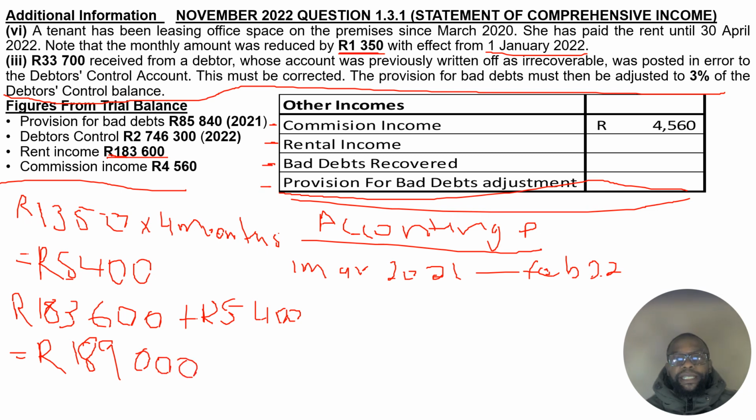If there was no decrease of 1,350 from January to April, this client should have paid us 189,000 for the period they told us they have paid up to April.